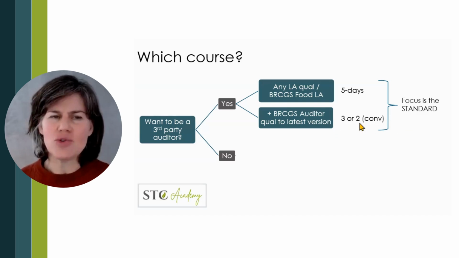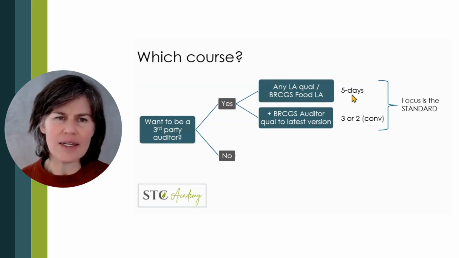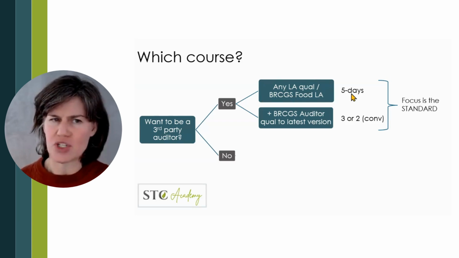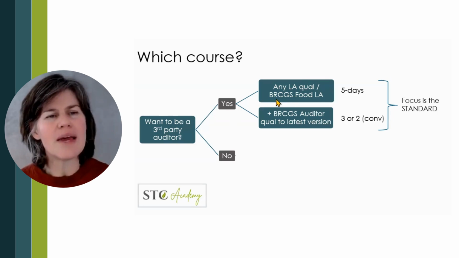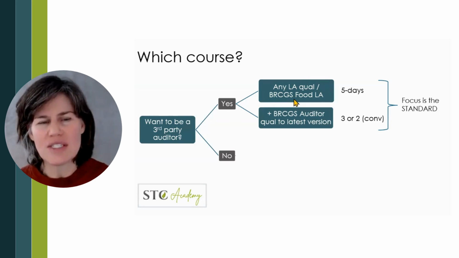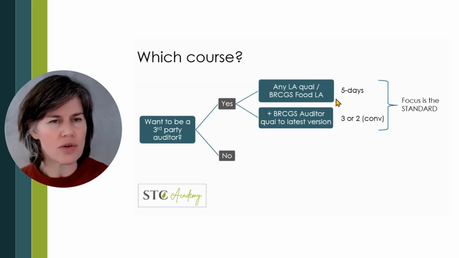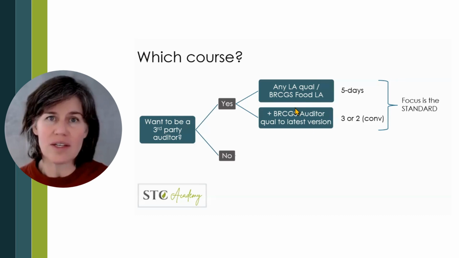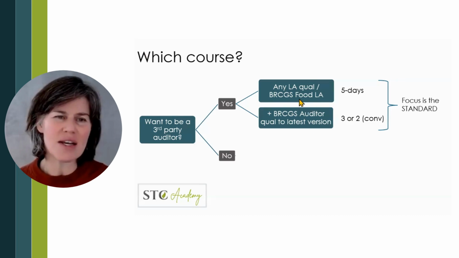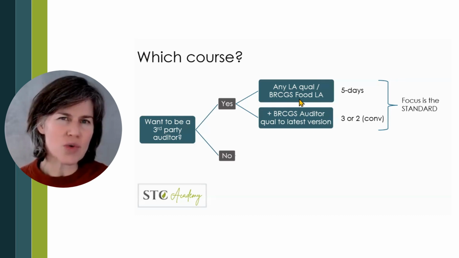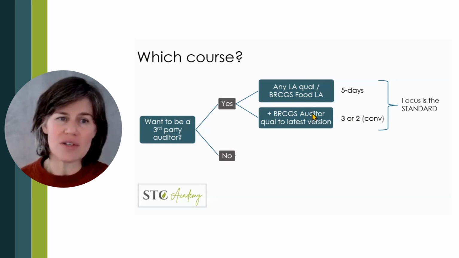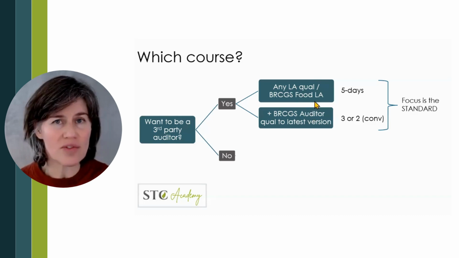But let's say that you don't have any 5-day lead auditor qualification at all, but you want to become a third-party auditor for the BRC standards. Well, then it makes sense to attend the BRC lead auditor course. All right, right from the start, you may as well get the BRC qualification, right? And if it's the food standard you want to audit against, then that's great because that happens to be the only lead auditor qualification that BRC offers at this time.